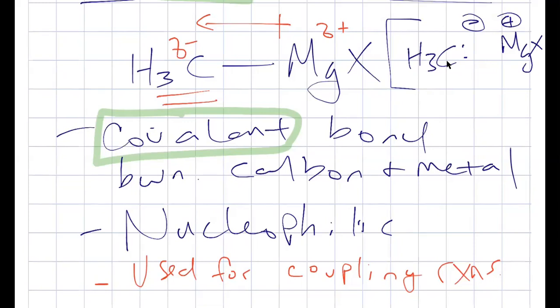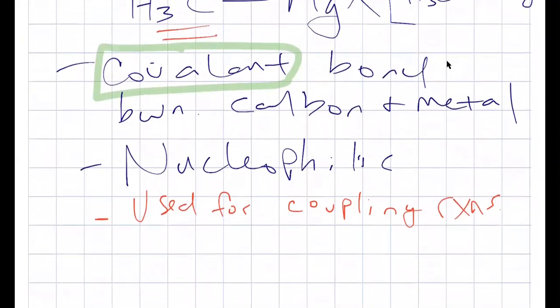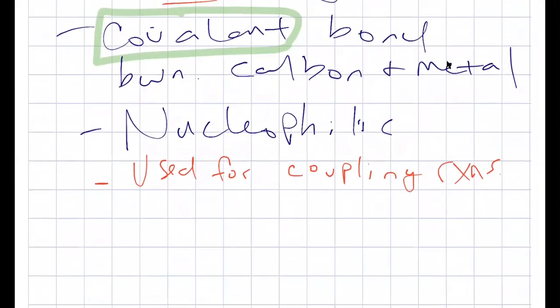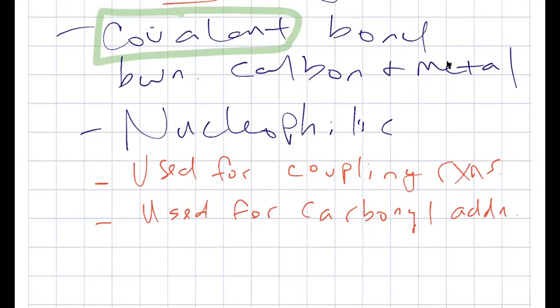Good question. All right, so it's used for coupling reactions, and then we're also going to talk about carbonyl additions. All right, so carbonyl addition and coupling reactions, those are the two major reactions that we use organometallics for.